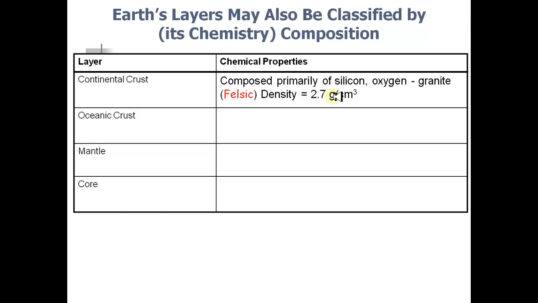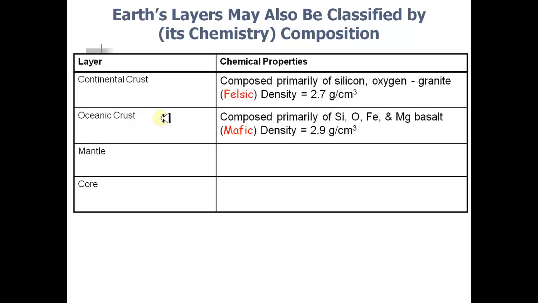Water is 1.0 grams per cubic centimeter, so this is 2.7 times the specific gravity of water. Throw a rock in water, it sinks like a rock. Take oceanic crust. It's darker in color. It's primarily made up of silicon and oxygen, but it also has iron and magnesium.